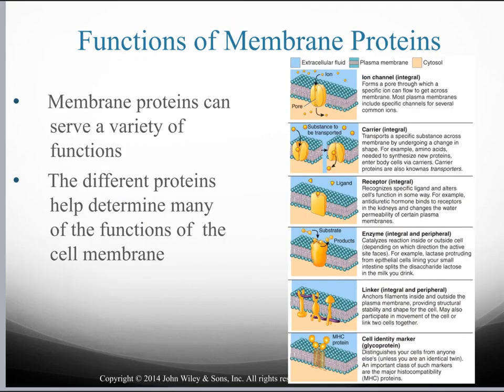Functions of membrane proteins. Membrane proteins can serve a variety of functions. The different proteins help determine many of the functions of the cell membrane. So let's take a look at them. Ion channels, which are integral proteins, form a pore through which a specific ion can flow to get across membranes. Most plasma membranes include specific channels for several common ions. These ions include sodium, potassium, and chloride.